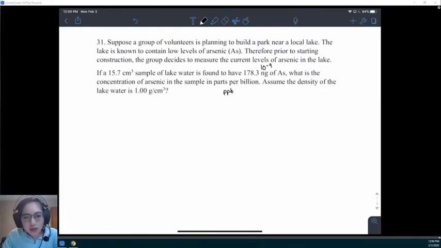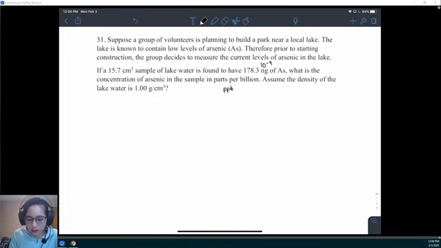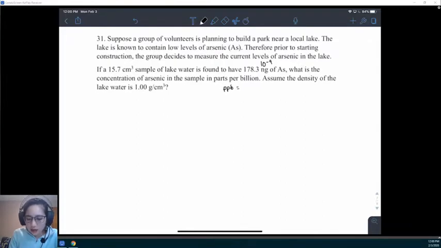All right, so this is a tricky question. There's actually two ways to do it, and I'll show both. ppb can be defined in two different ways. One ppb is equal to 1 nanogram of material over 1 gram.